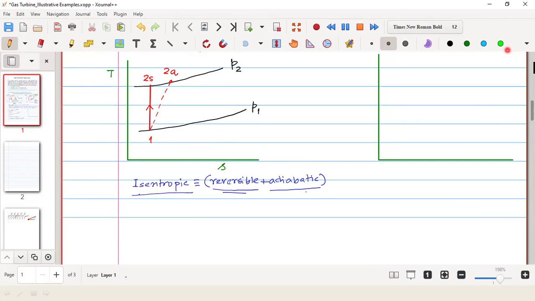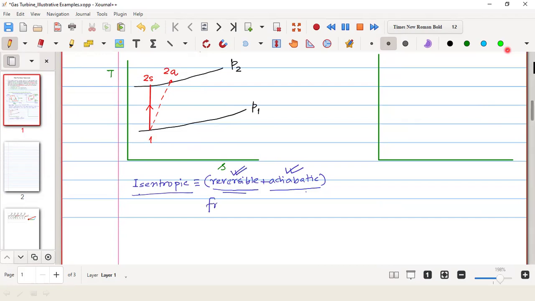Another thing is that during the actual process from 1 to 2, there will be a non-isentropic change, meaning entropy changes due to friction. The process remains adiabatic. There will not be any heat loss, but there will be irreversibility due to friction.